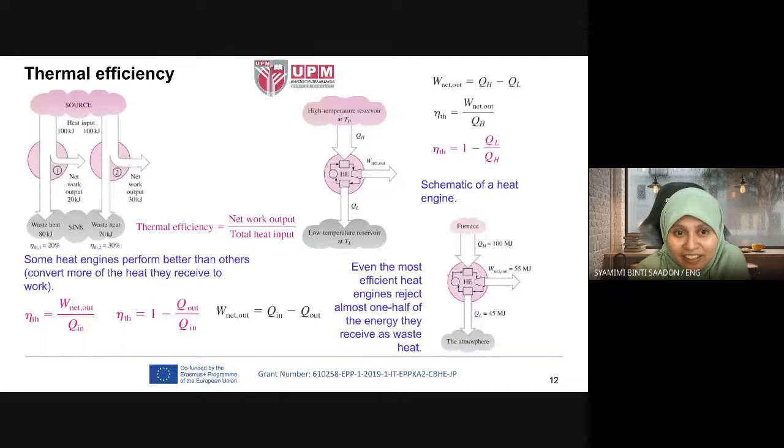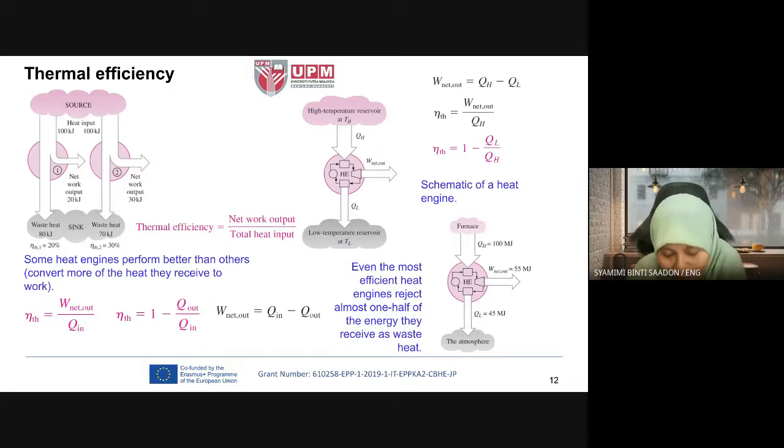So instead of being totally rejected, we can reuse this waste heat, but we need to add an extra cycle to produce power, to produce work from this waste heat. So that is one method.